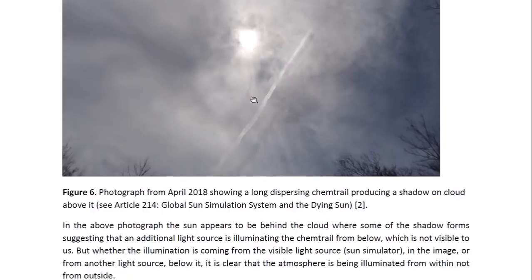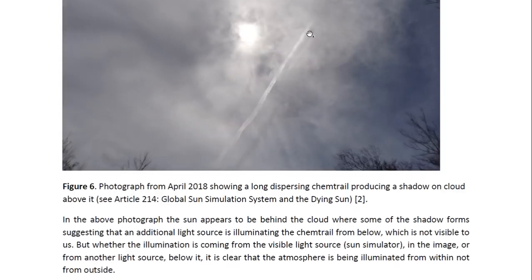But here, the sun actually seems to be behind clouds. The illumination that is causing this shadow effect is possibly even another source of light which we are not seeing, but it must definitely be below the chemtrail.